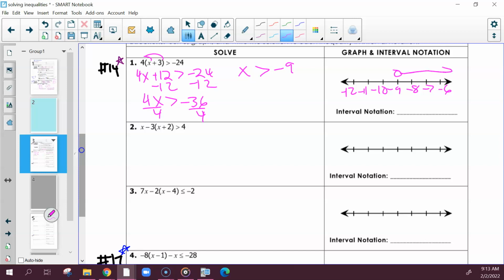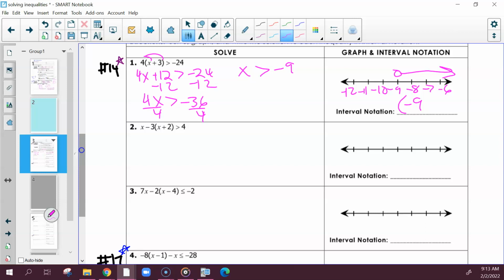Not left, but right. And then for your interval notation, we need to look at where this starts and where this stops, kind of like domain and range, but left and right. So where does this start? At negative 9. This is not included, so we use a parenthesis, negative 9. Where does this end?